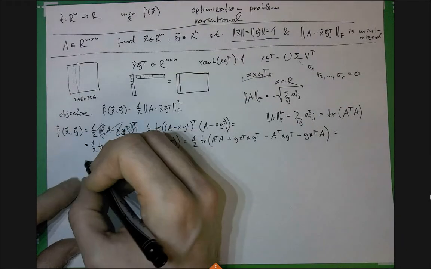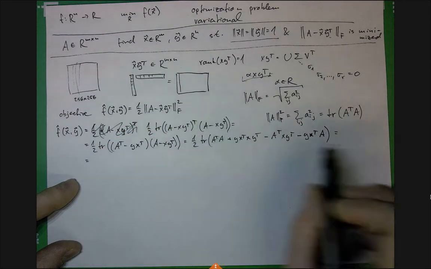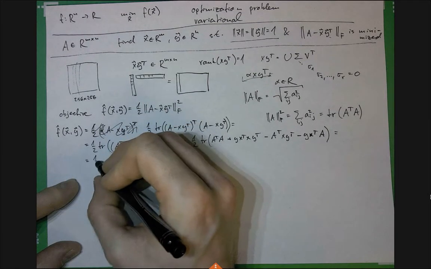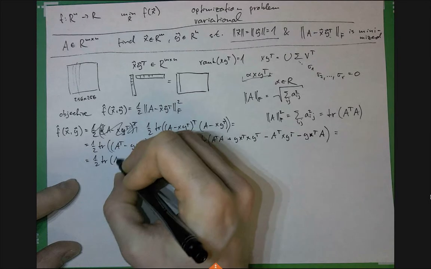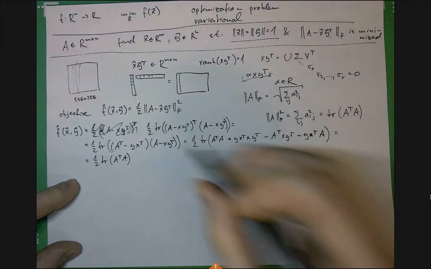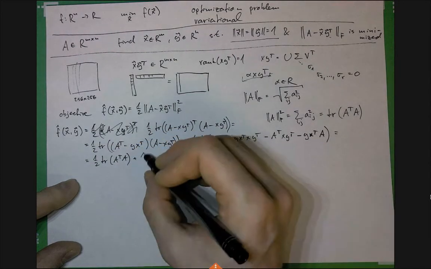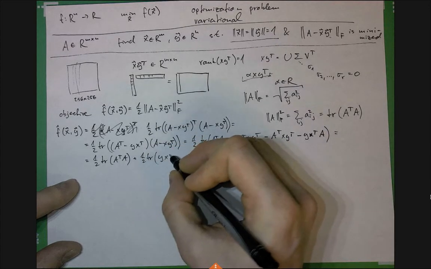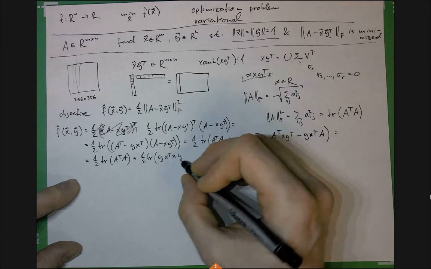Now we can just split it into all the traces, right? So here we'll get 1/2 of trace of A^T A. Then this other term will be 1/2 of trace of YX^T X Y^T.